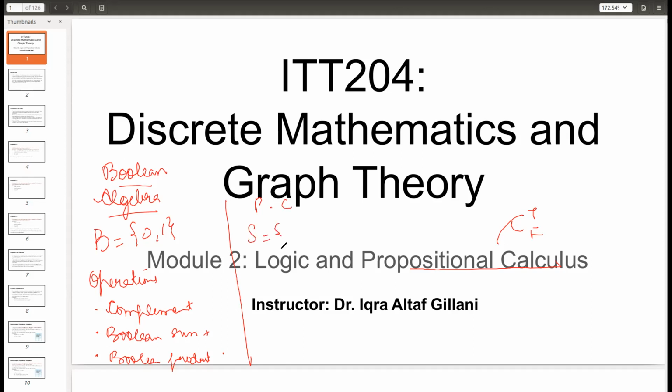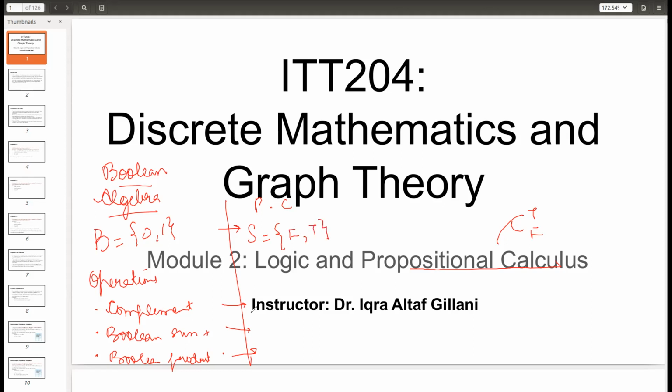Can anyone tell me? Instead of Boolean set 0, 1, what is the equivalent set in propositional calculus? Yes, class, what is the equivalent set? Let's revisit the one-to-one mapping. If we have 0, 1 in Boolean algebra, what do we have in propositional calculus, class? Very good. You have false for 0 and true for 1.